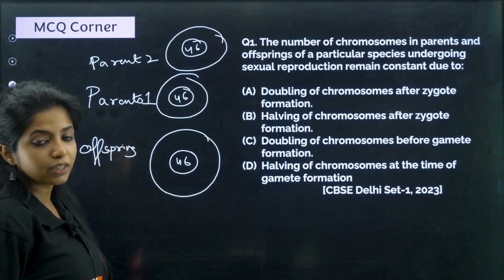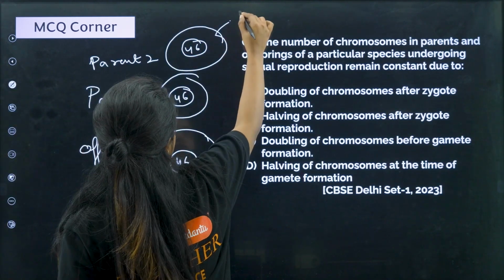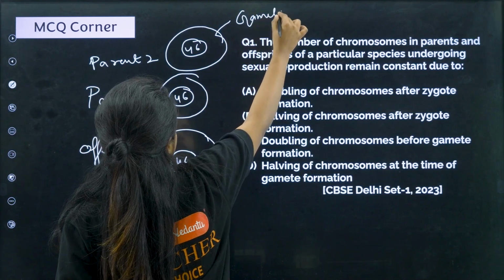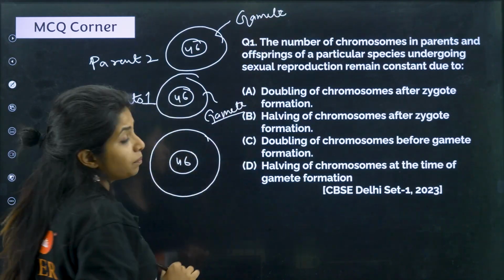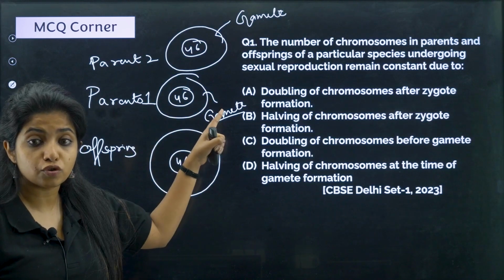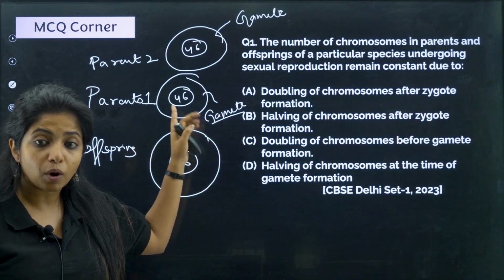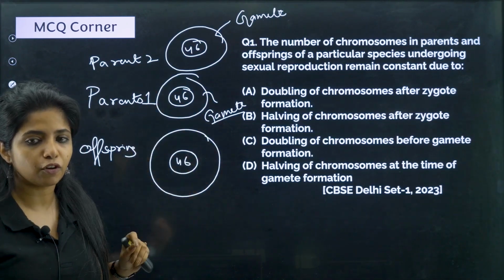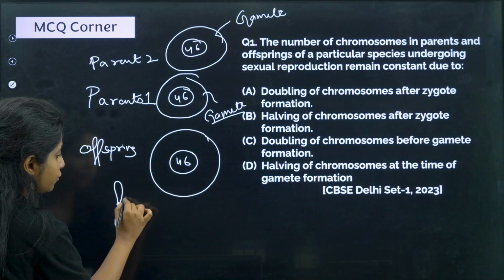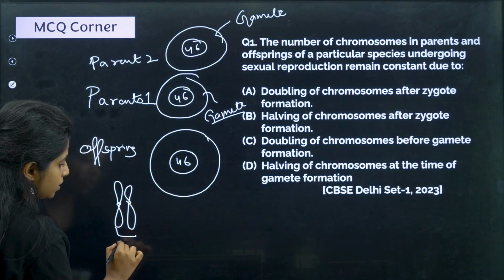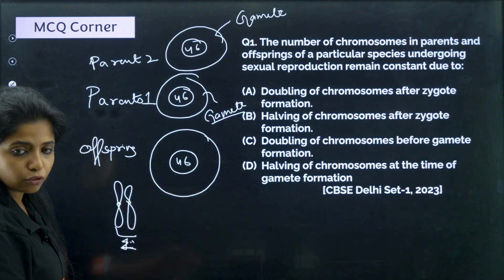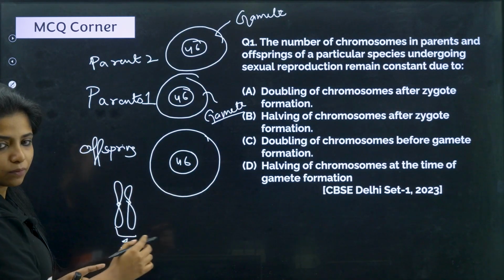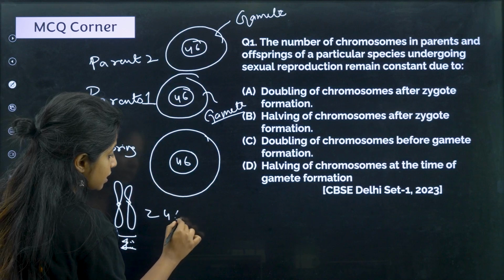But how does this come to be 46 exactly? So what happens during gamete formation, children? This parent has to form a gamete, and this parent also has to form a gamete. What about halving the number of chromosomes during gamete formation? If I have a pair of chromosomes, this is the first pair, then we have the second pair, and together, if we count, we have 46 chromosomes.